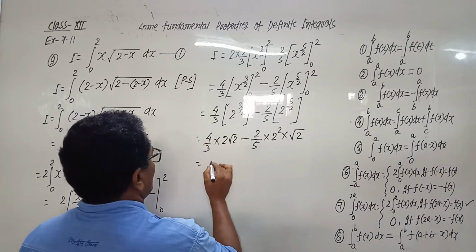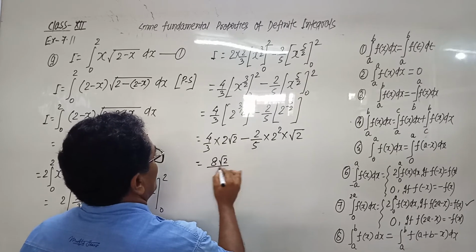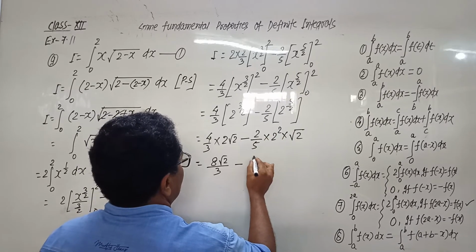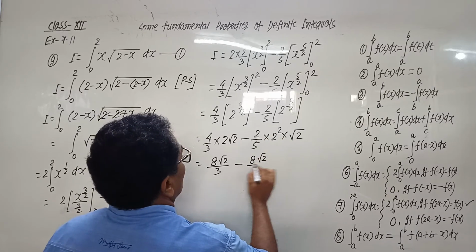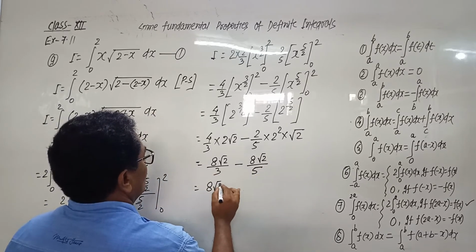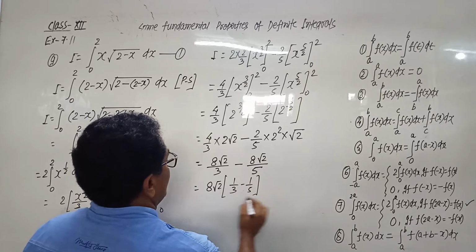So this becomes 4 into 2, 8 root 2 upon 3 minus 2 the square 4, 4 into 2, 8. So 8 root 2 upon 5. And now 8 root 2 is common. So we get 1 by 3 minus 1 by 5.